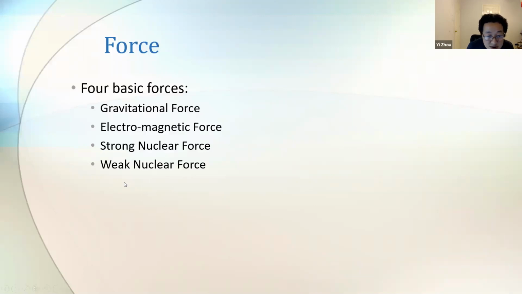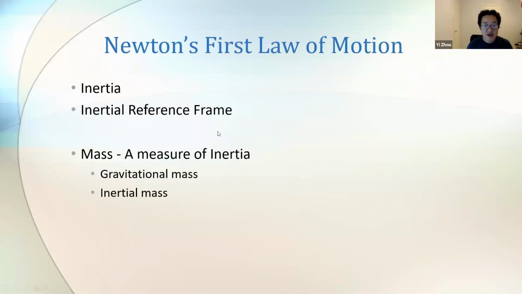We're not going to talk about the strong and weak force. In this class, we only involve these first two forces. But in a macro view, the electromagnetic force will have a lot of different forms we can recognize.